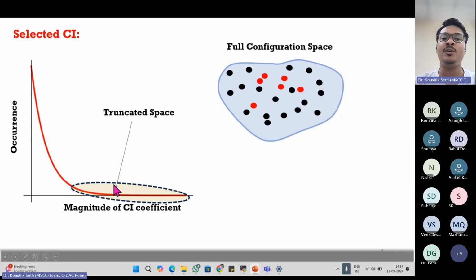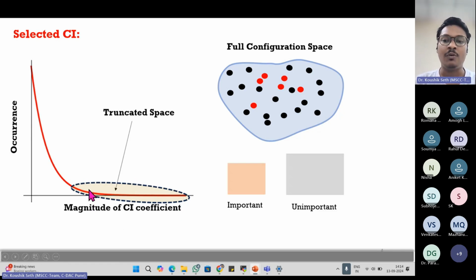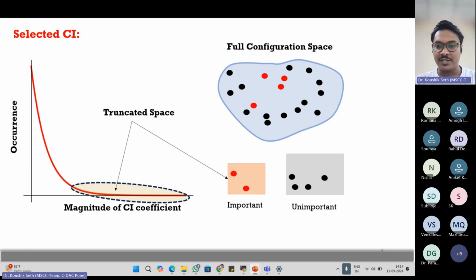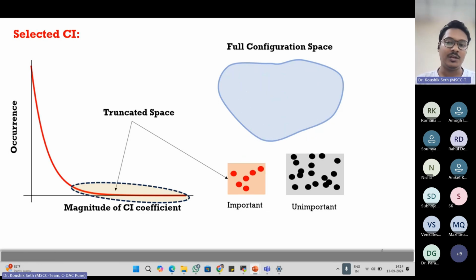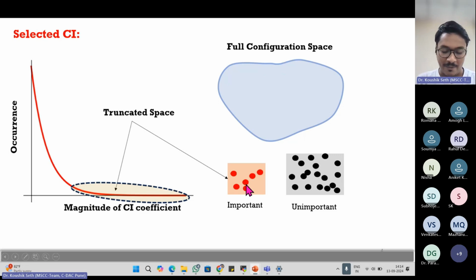So if we somehow truncate the configuration space, taking only the important configurations, and differentiate between important and unimportant configurations, we can apply the Heisenberg Hamiltonian only on the important configurations and gain much computational time.